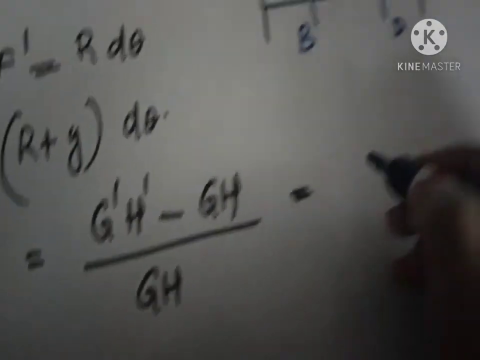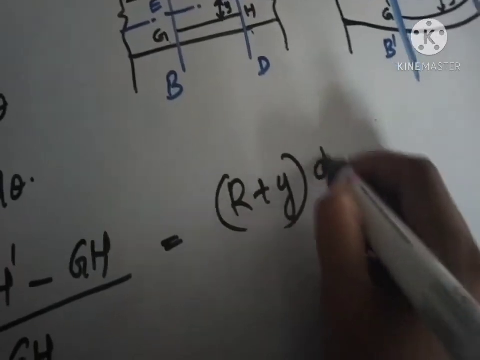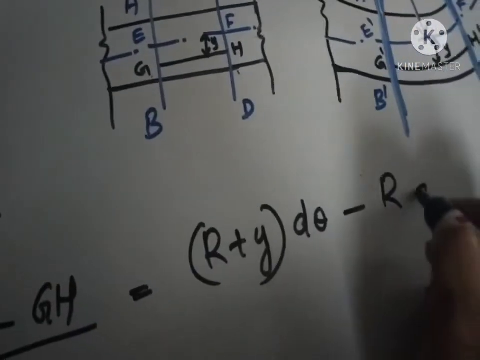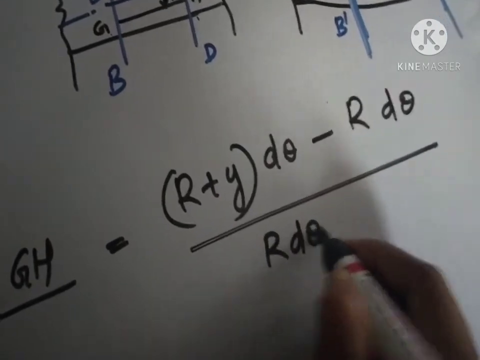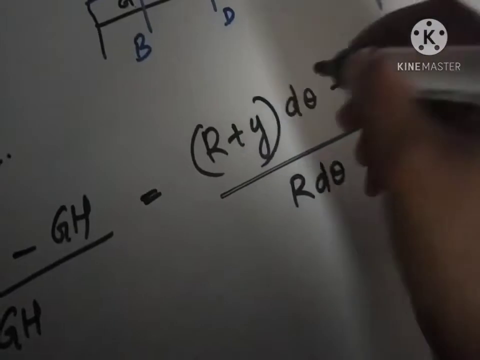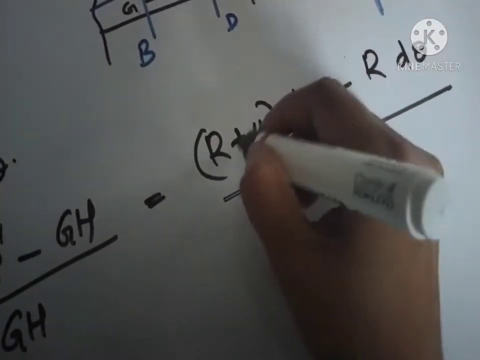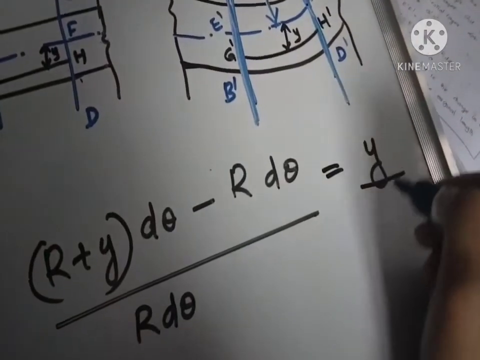When you substitute, you will get it as (R plus Y) d theta minus R d theta, divided by R d theta. When you simplify, you will get the term as Y by R.